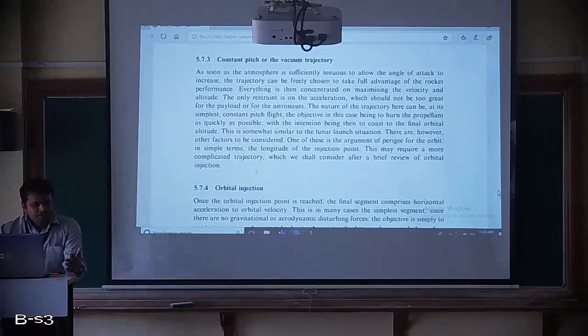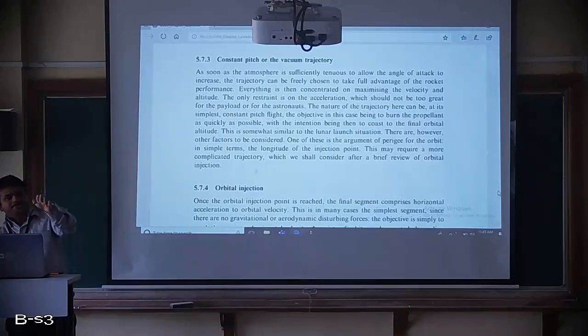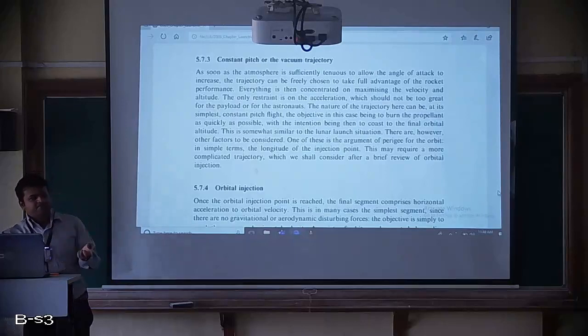So initially what was happening: the vertical takeoff will be there. After that, the transition trajectory, or gravity turn, will be there. After that we maintain the constant pitch here. We wait for the atmosphere to come in favor of us. At that time we slowly increase the angle of attack, increase the velocity and accelerate.